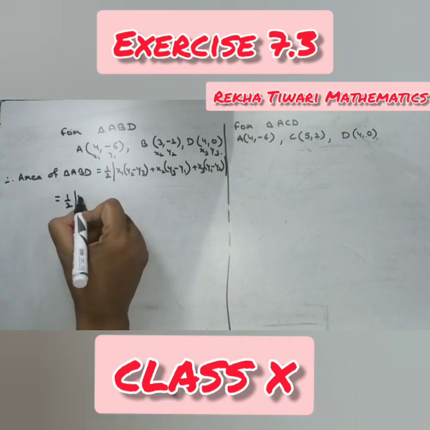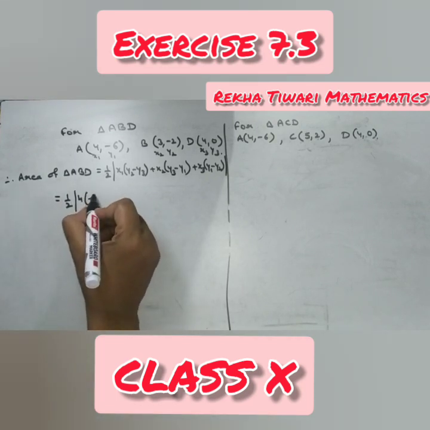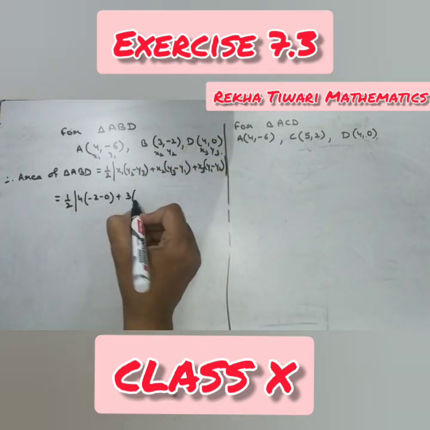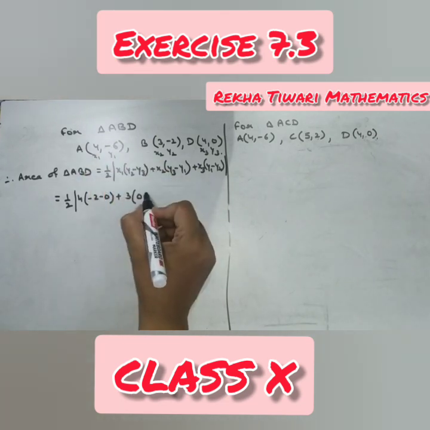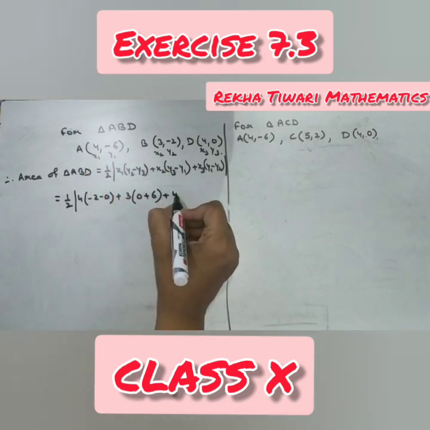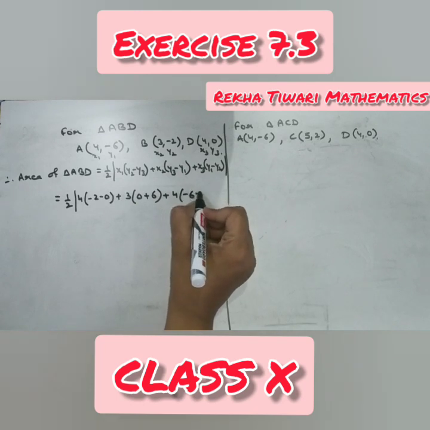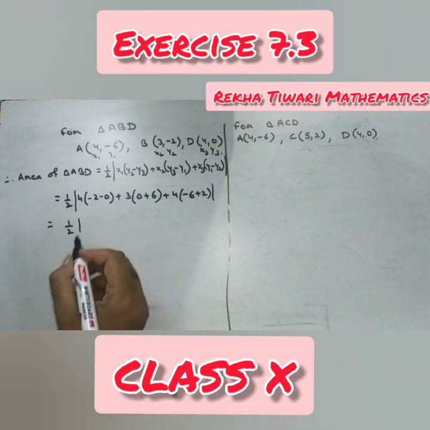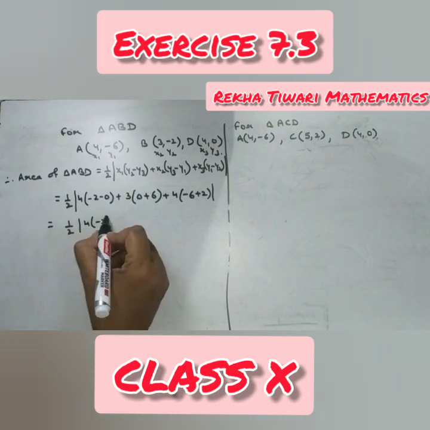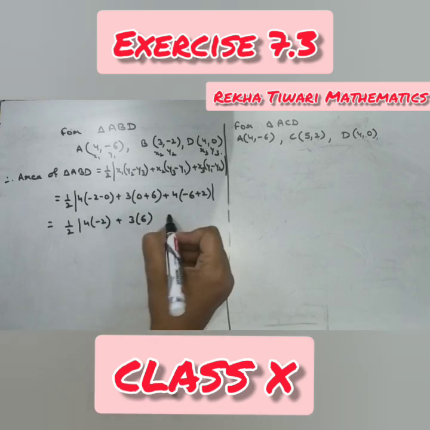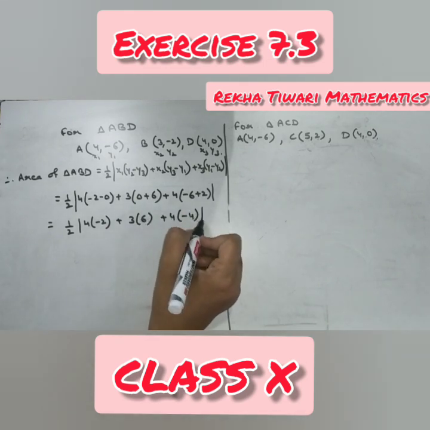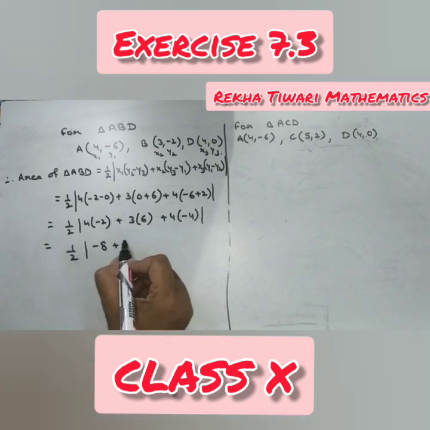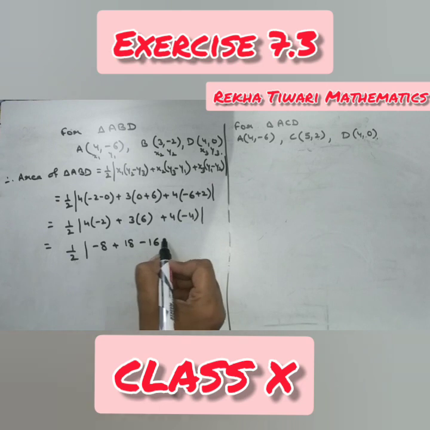Half mod 4(-2 minus 0) plus 3(0 minus of minus 6, becomes plus 6) plus 4(-6 plus 2). This is half mod 4 into -2 plus 3 into 6 plus 4 into -4. This is half mod -8 plus 18 minus 16.